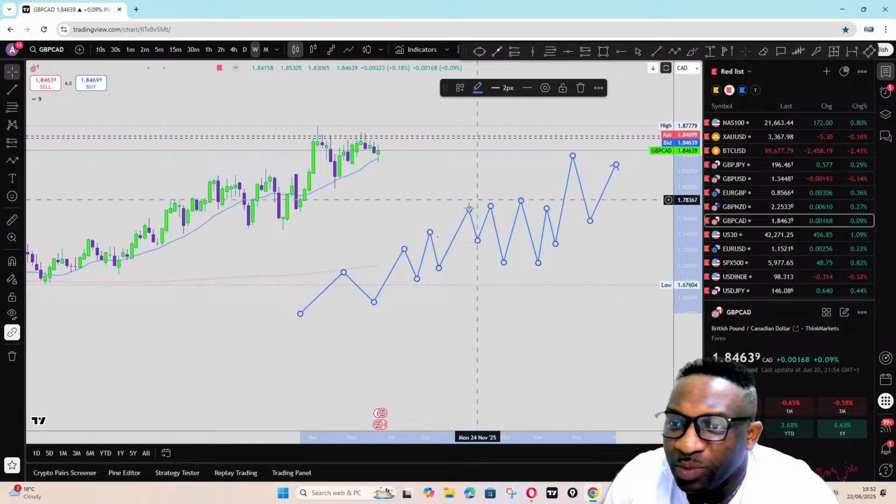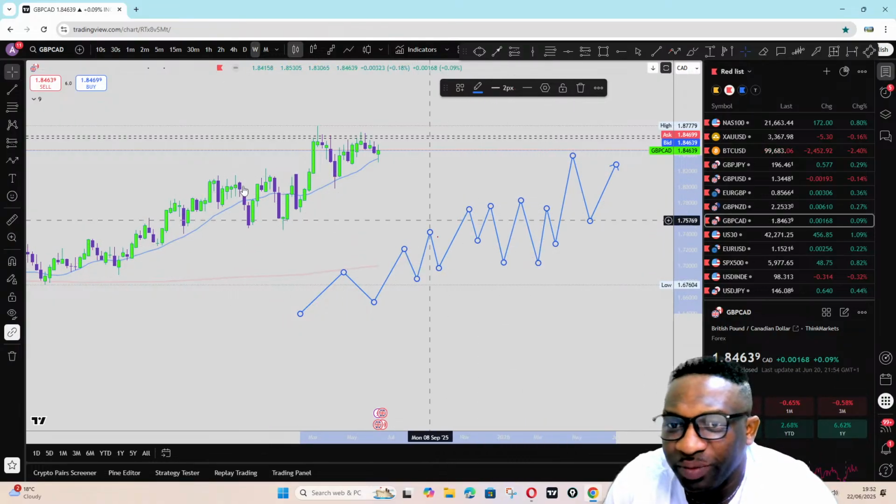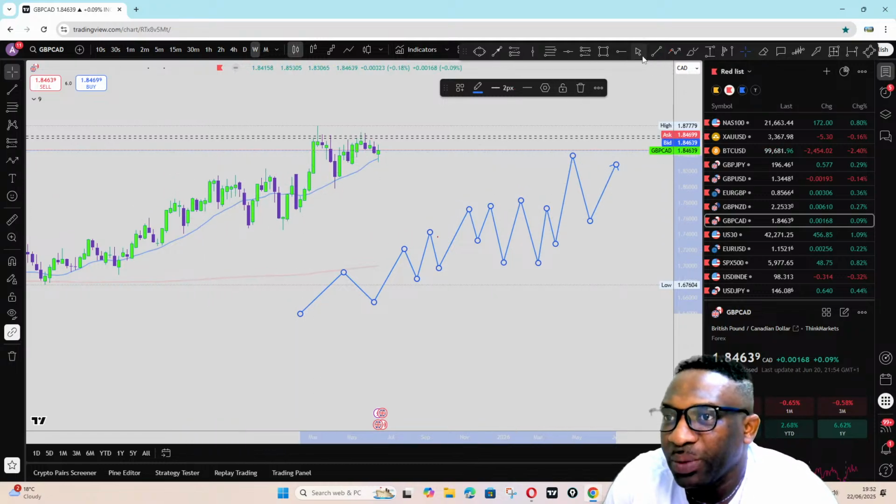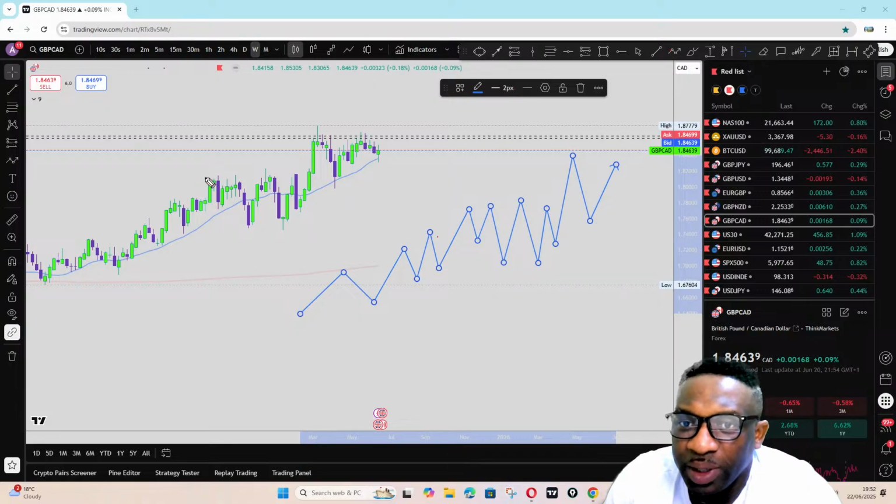We can see that somewhere here price has been in a sideways movement. It was in a sideways movement before it broke above this area.